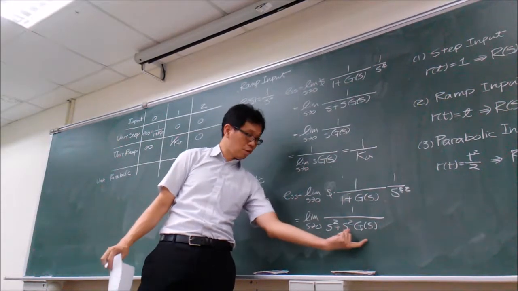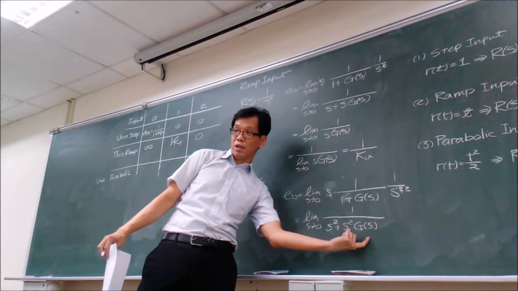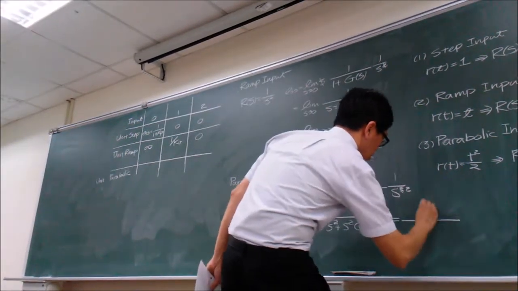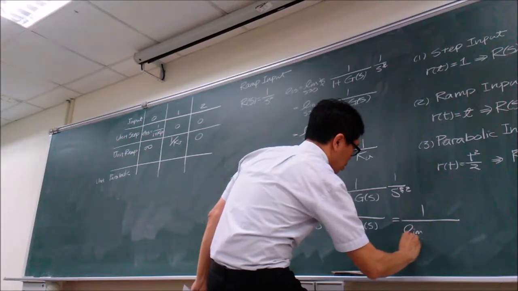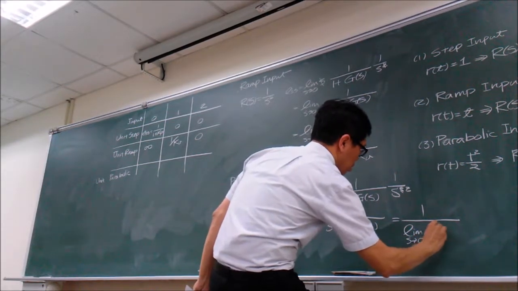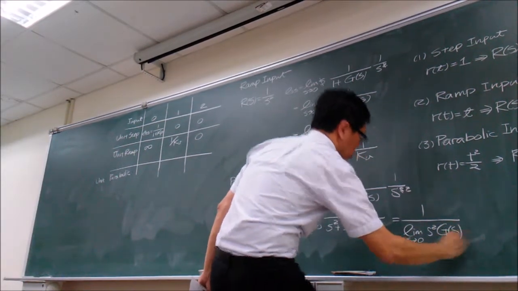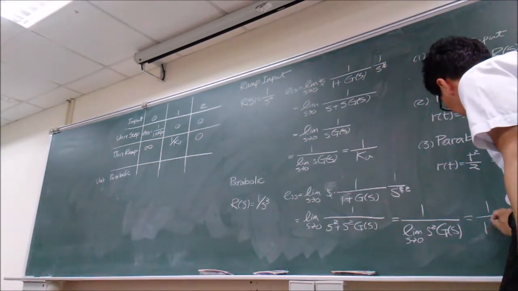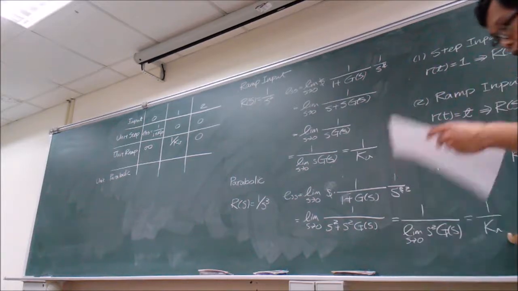So the only thing you need to consider is this part, or in your textbook you're going to find out this is 1 over Ka.